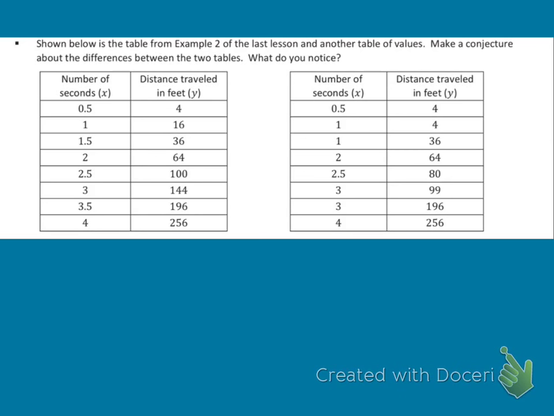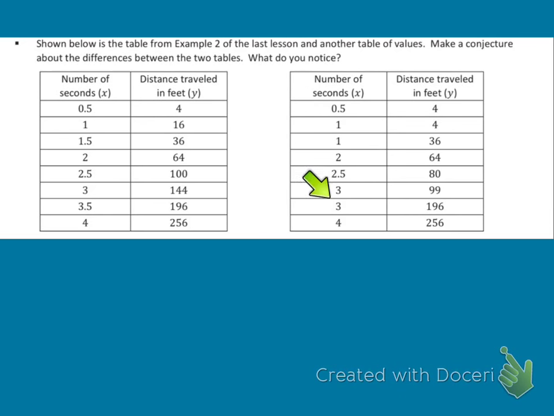Okay, so hopefully you've had a chance to look at the numbers here and come up with some things. One of the things you might have noticed is that in this table, as I go down, I could look, say, at 1 second and see that the stone has traveled 16 feet.